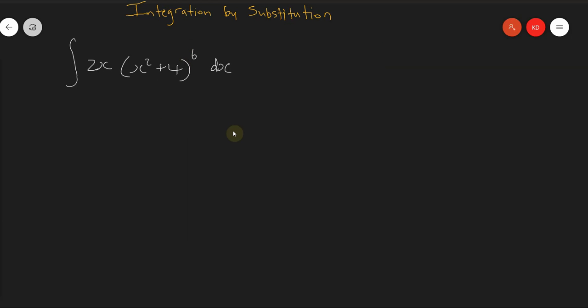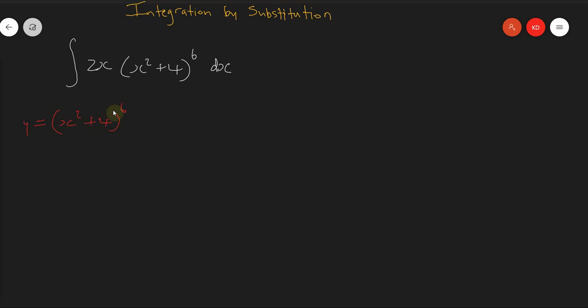Now we might look at this and say, okay, based on what we know from differentiation, if we should differentiate (x squared plus 4) raised to the 6th power, let's say we had that and we're supposed to differentiate this. So let's just put y equal to that.